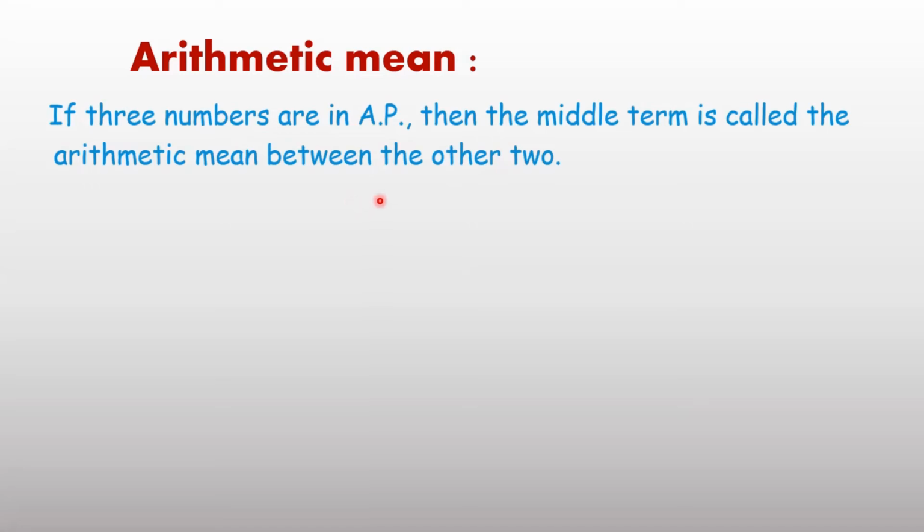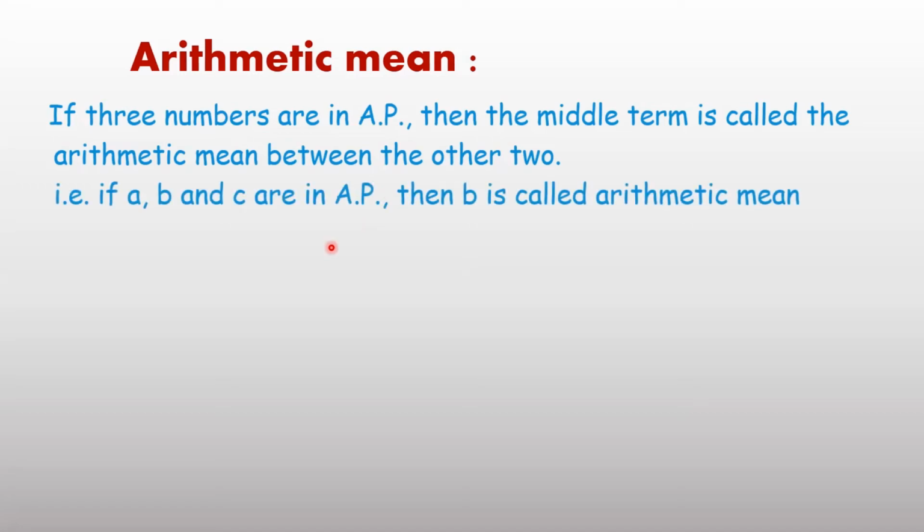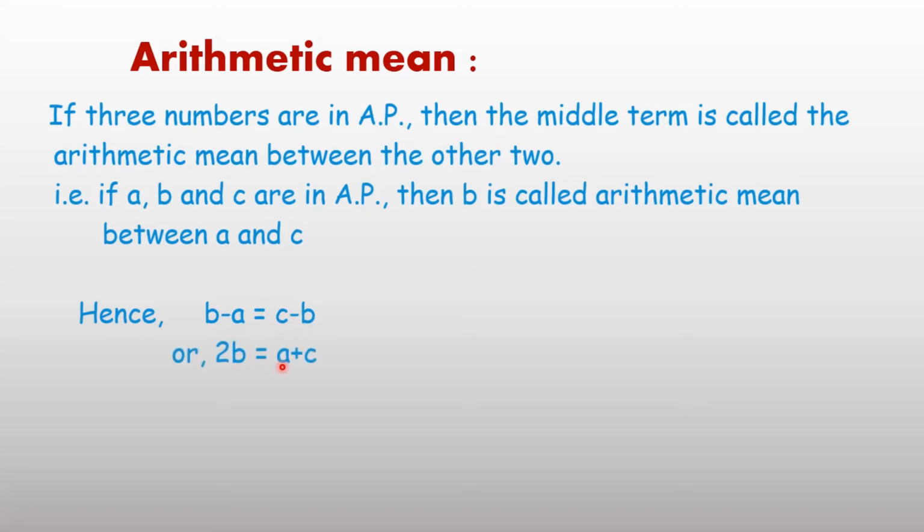If 8, 10, 12 are in AP, then 10 is known as the arithmetic mean of 8 and 12. If A, B, C are in AP, then B is called the arithmetic mean between A and C. It implies if A, B, C are in AP, then the common difference is the same, B minus A equal to C minus B, or 2B equal to A plus C, or B equal to A plus C by 2.